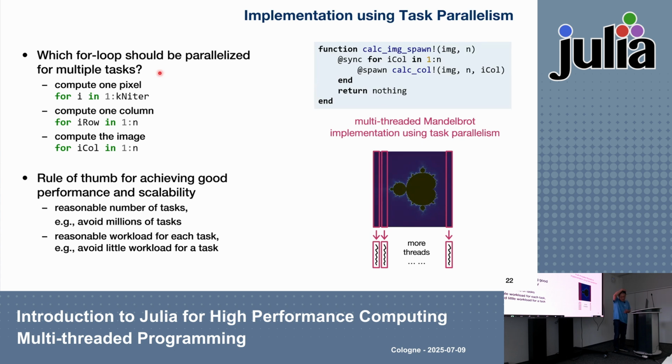I know some of you may be against this idea, but let me explain. In this way, you only need to insert what we have talked about, the synchronization and spawn, into the outermost column loop for this image, and then the parallelization is done. The parallelization is really done.